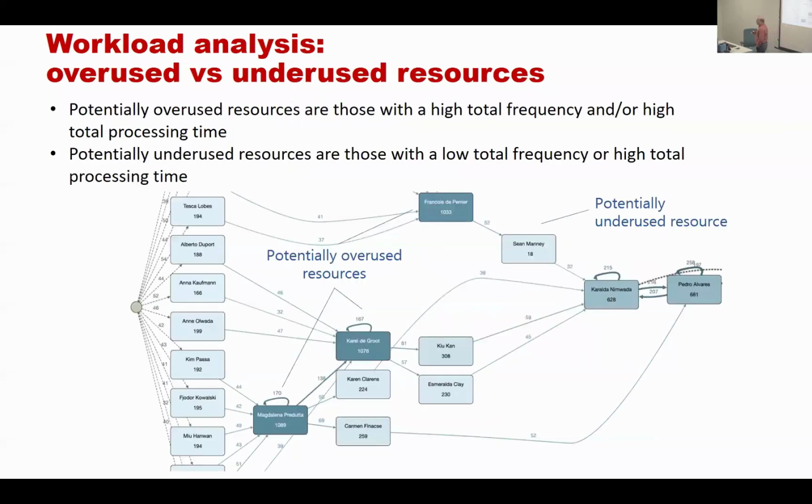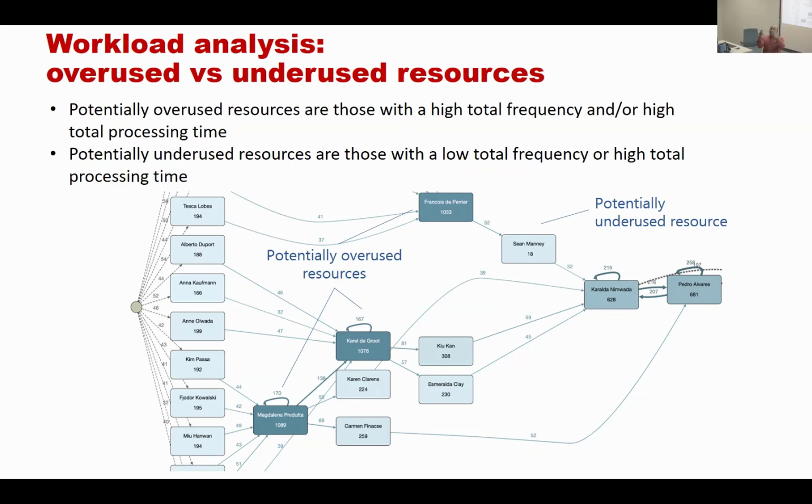One way of doing it is either in the frequency overlay or in the duration overlay. You will try to find activities that are either frequently executed or activities that in total take a large amount of processing time, and that the amount of processing time in total or the number of times that an activity is performed gives you an idea of how busy the resources are.